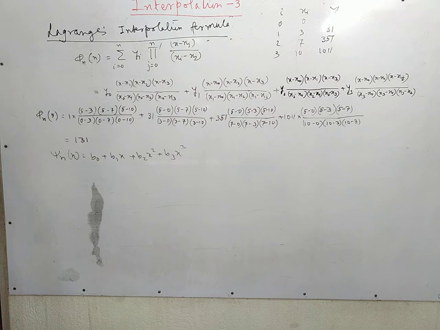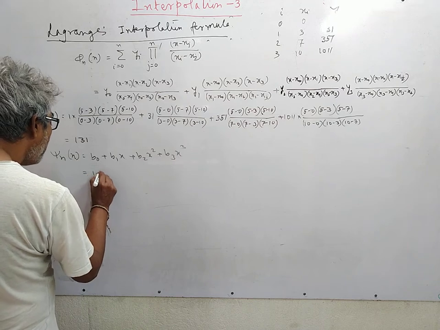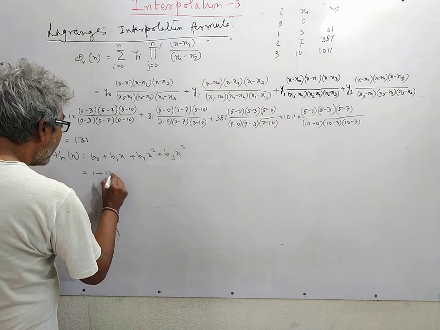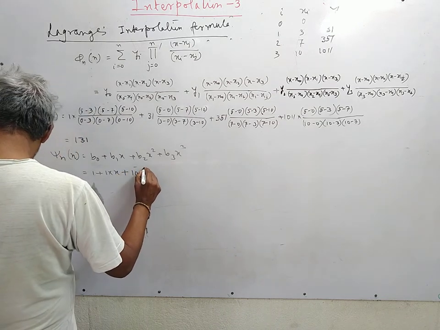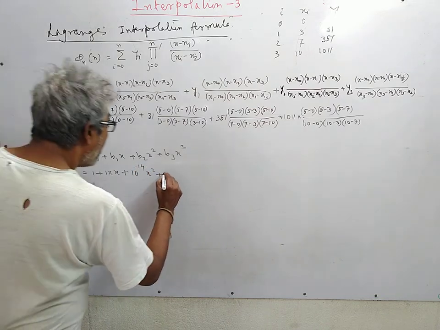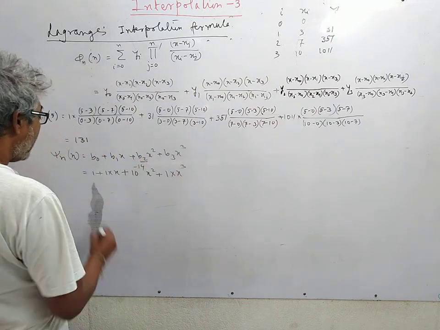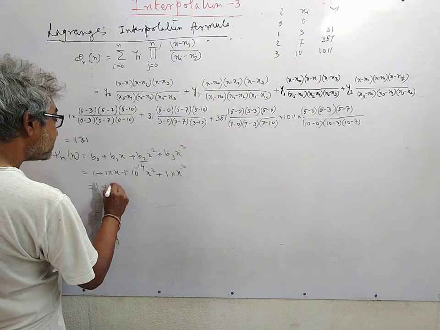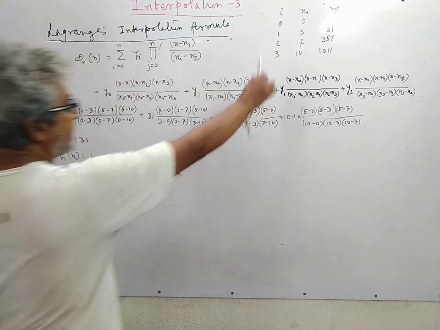We used the least square fit method on a computer, and we found that the polynomial comes out to be 1 plus 1 into x plus 10 to the power minus 14 x square plus 1 into x cube. That is to say, b2 is 0 and the formula is 1 plus x cube. You see that this exactly matches the earlier result.